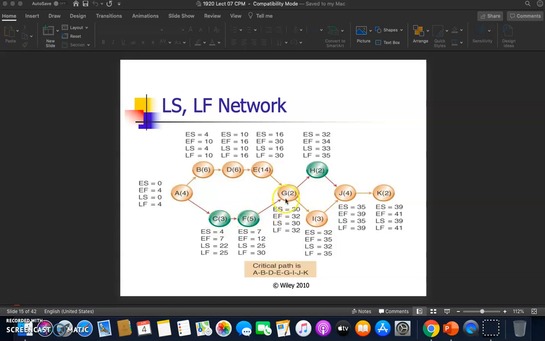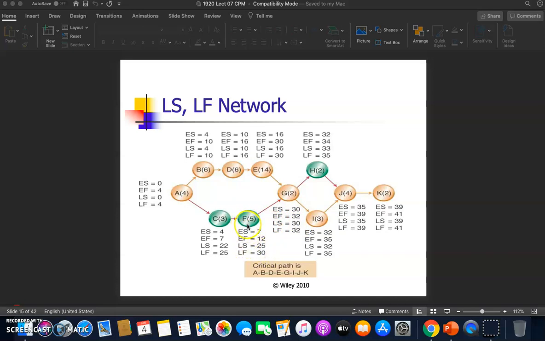So when activity G early start and late start is at week 30, activity F must be late start at week 25. So meaning that late start is early start at 30 minus 5 weeks.